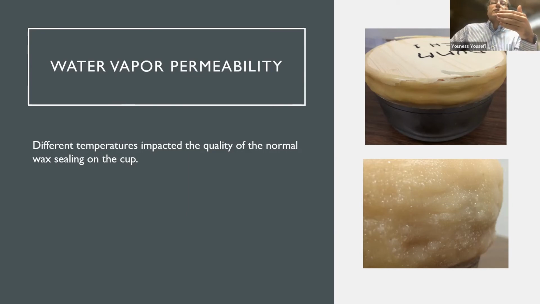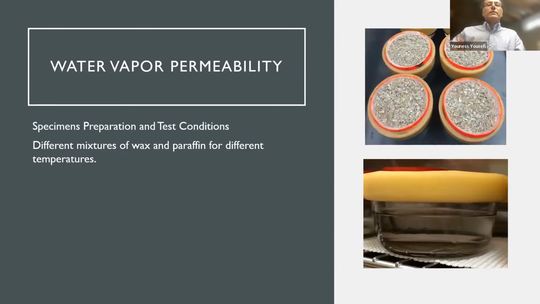After a few days, before getting any meaningful result, we got cracks, and of course it wasn't sealed anymore. For the higher temperature, we got vapor migrating through the sealant, as you can see. It wasn't sealed anymore because it was really soft. So we had to change those.